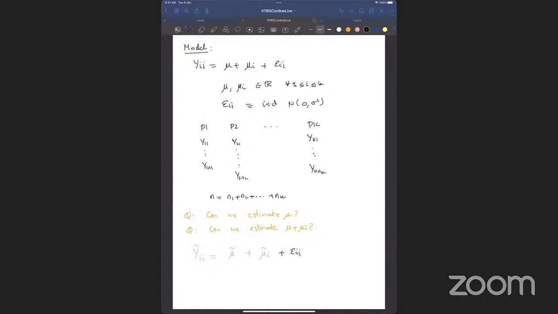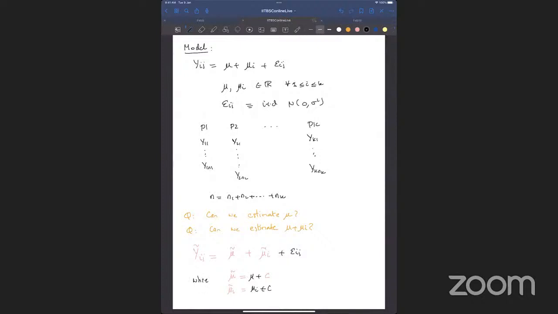There's no problem. But what I do is tweak it a little bit. I take mu tilde as mu plus a constant c that I pick, and I take mu tilde_i as mu_i minus the same constant c.